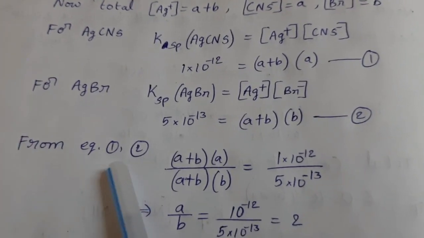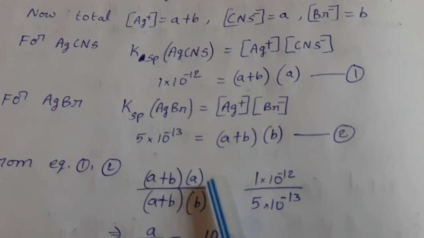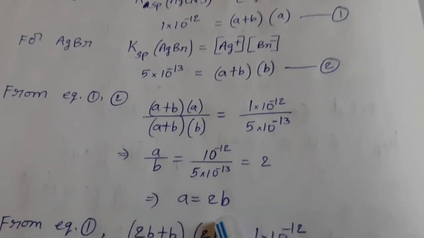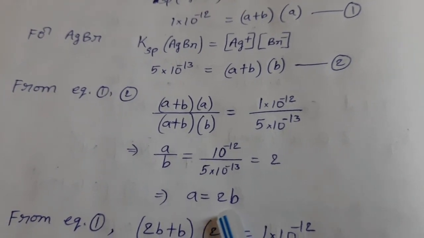Now from equation 1 and 2 we can take equation 1 divided by equation 2. Then we get A equal to 2B.